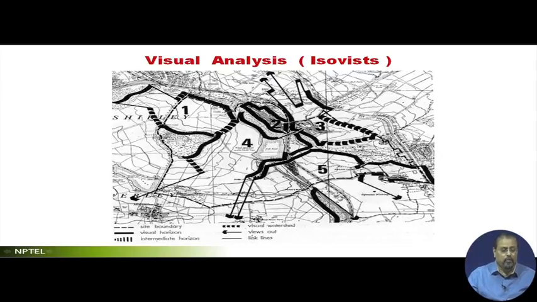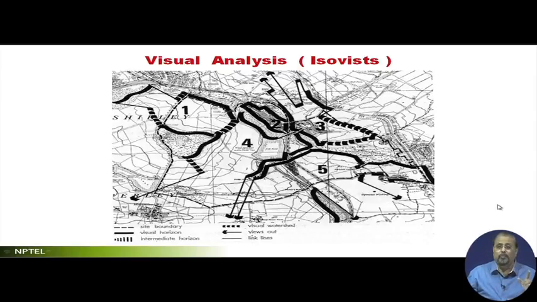Basically, in the visual analysis you are trying to create an isovist. Not everything may be very clear, but if you blow it up, you will see. Basically you have multiple levels, different contours, and you are trying to find out along the edge how the visual potential is, outwardly or inwardly.